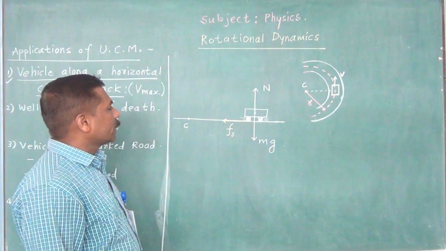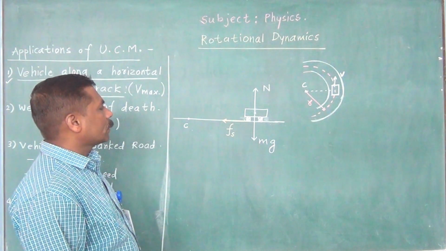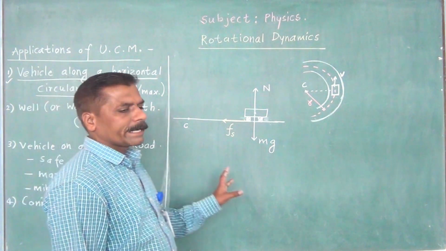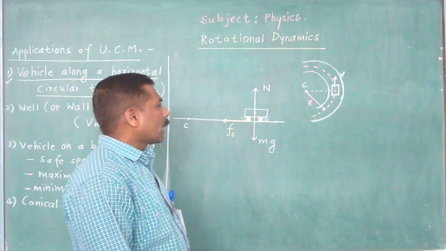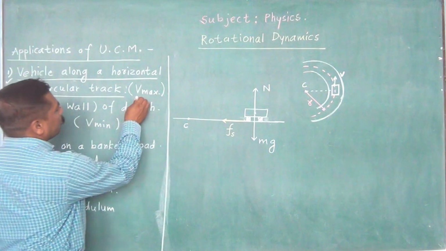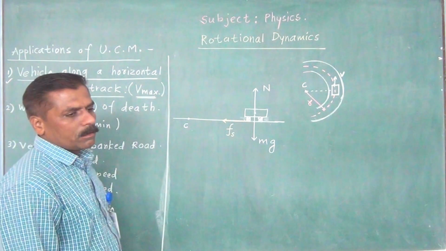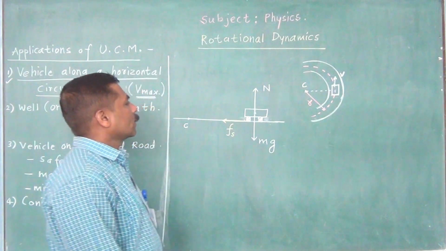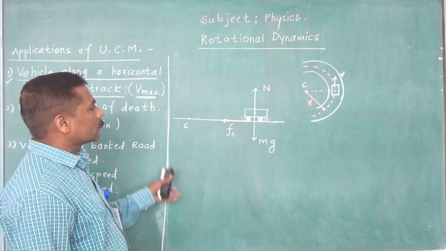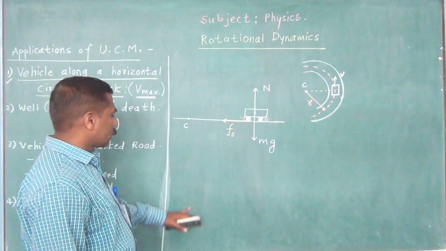If you observe the diagram, you will find three different forces acting on the vehicle, and we are interested to find out the maximum speed of this vehicle. If we know all this diagrammatic representation, you can remember all the notations like this.